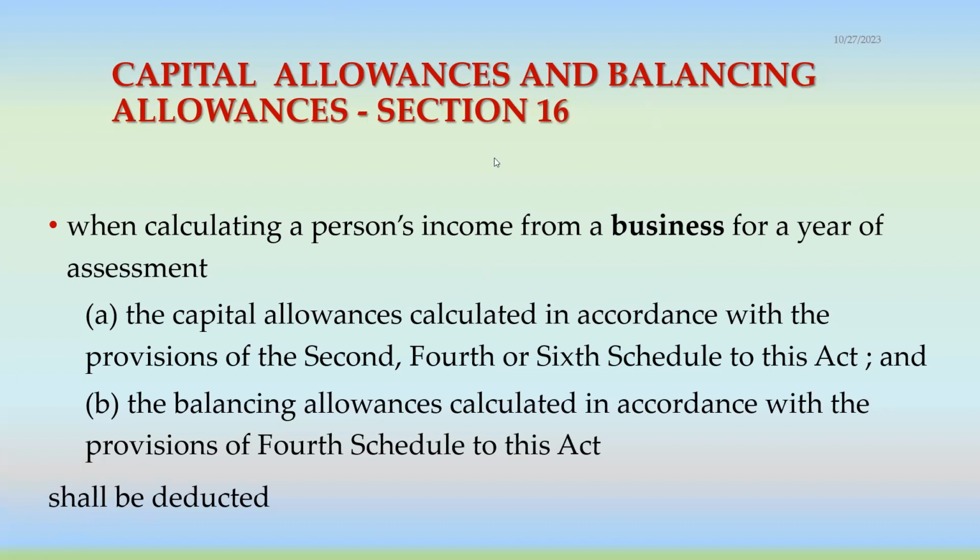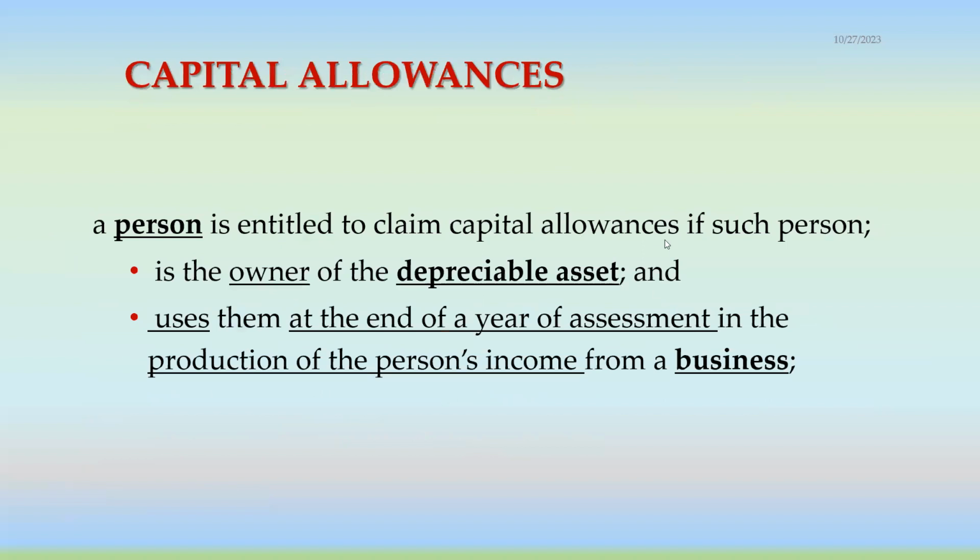Capital allowances and balancing allowances can be deducted under Section 16. What is the meaning of capital allowance? A person is entitled to claim capital allowances if such person is the owner of a depreciable asset and uses it at the end of the year of assessment in the production of the person's income from a business. What is the meaning of this?